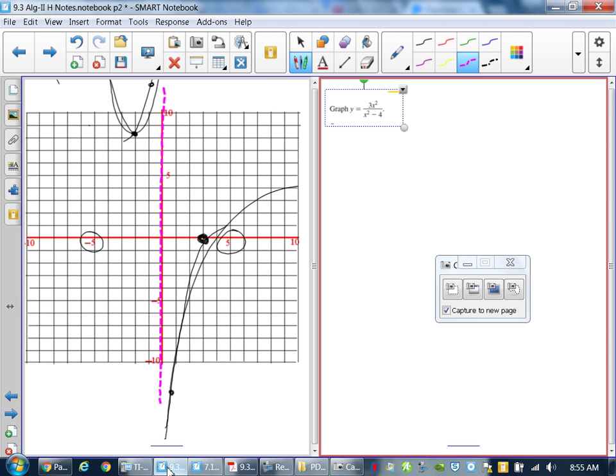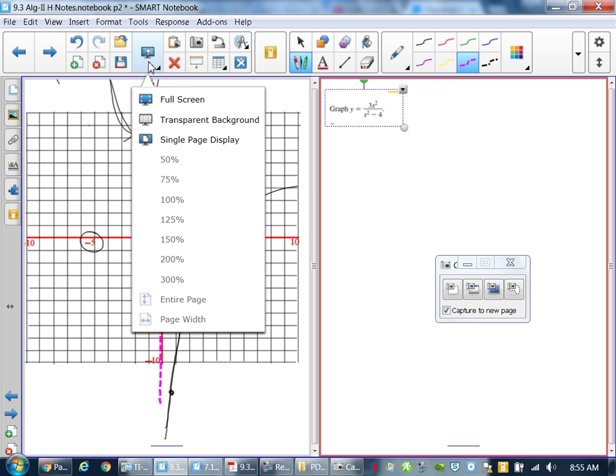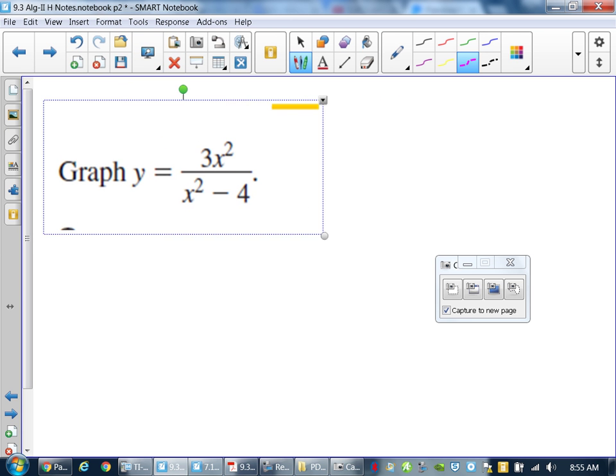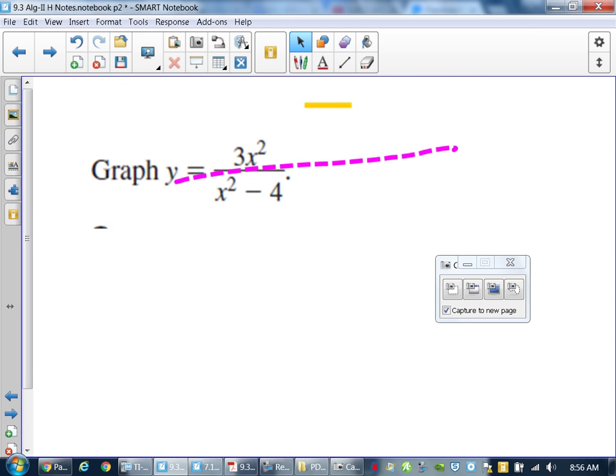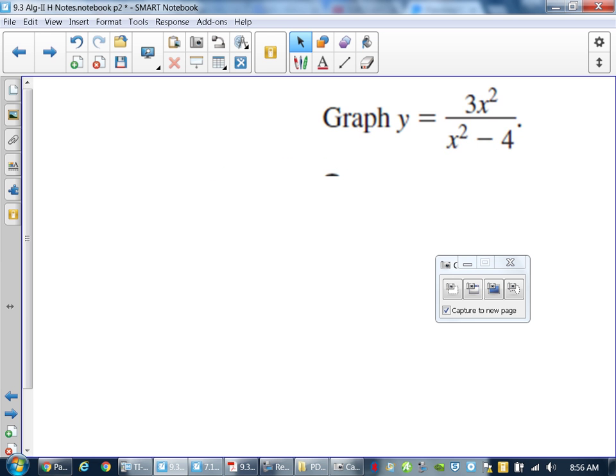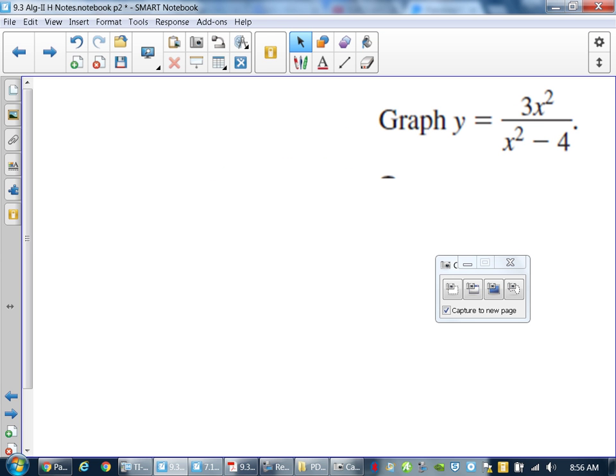So let's add this one to our notes, and then we'll add stuff to the homework tonight, okay? Let's go through the whole process of y equals 3x squared over x squared minus 4.